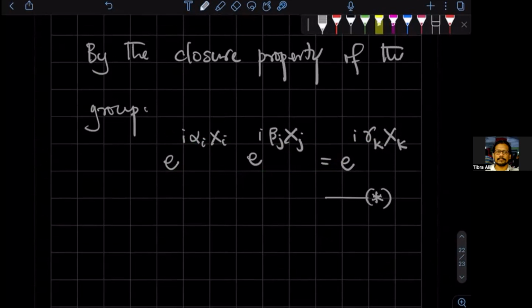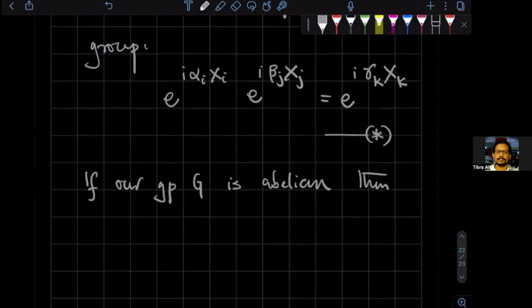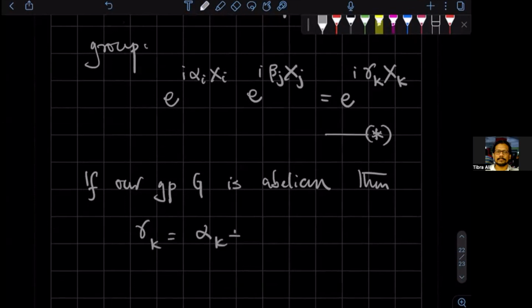So if our group G is abelian, then it's not hard to show that gamma_k is alpha_k plus beta_k. Okay?